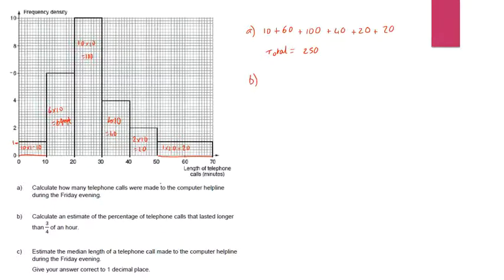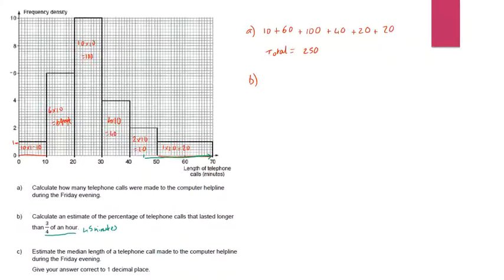Okay, for part B, calculate an estimate of the percentage of telephone calls that lasted longer than 3/4 of an hour. 3/4 of an hour in this case we should know is 45 minutes. So longer than that, from here and longer.